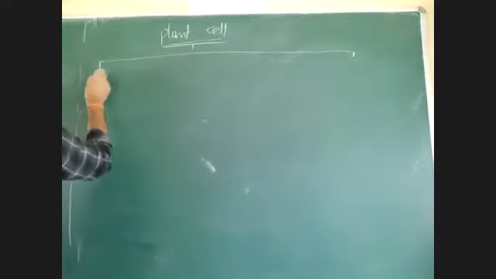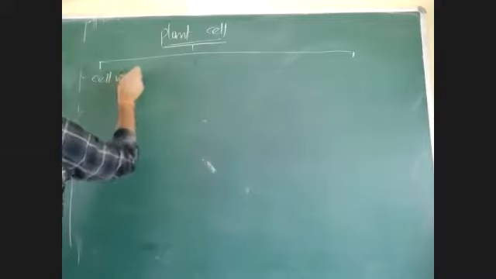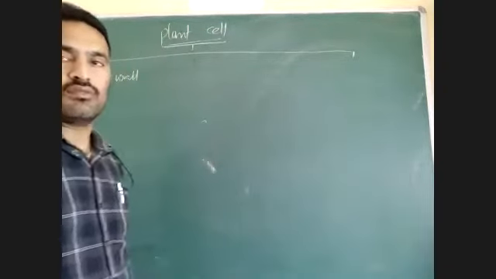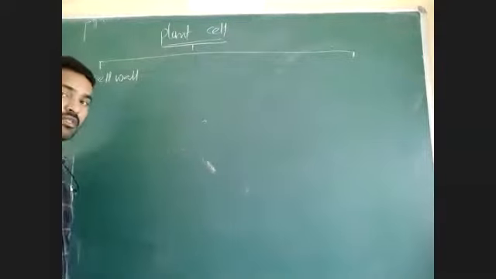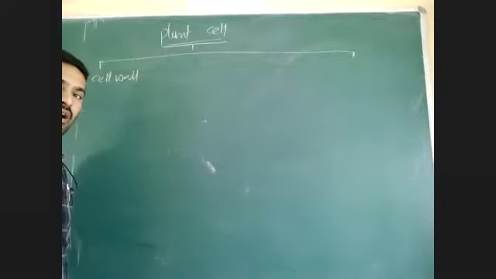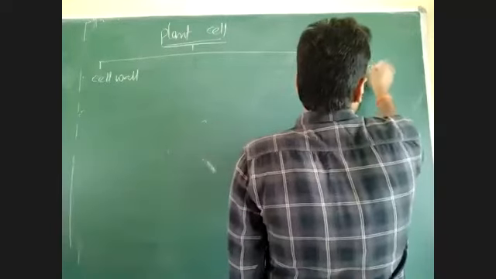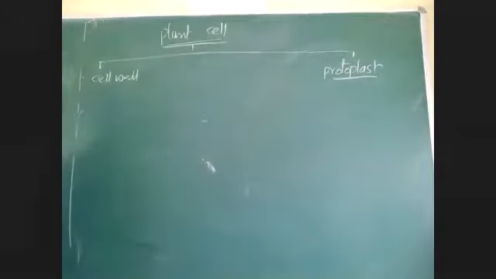The outermost part of the plant cell is the cell wall. Except for the cell wall, the entire remaining structure of the plant cell is called the protoplast.